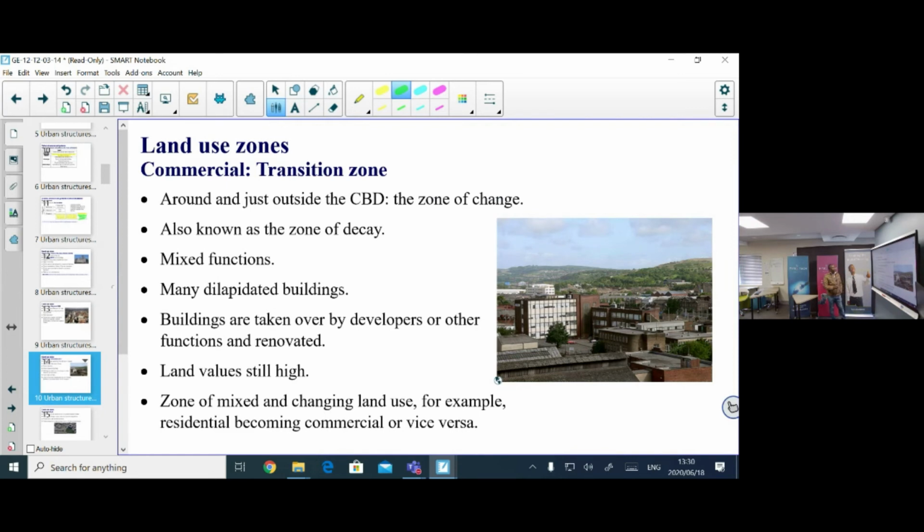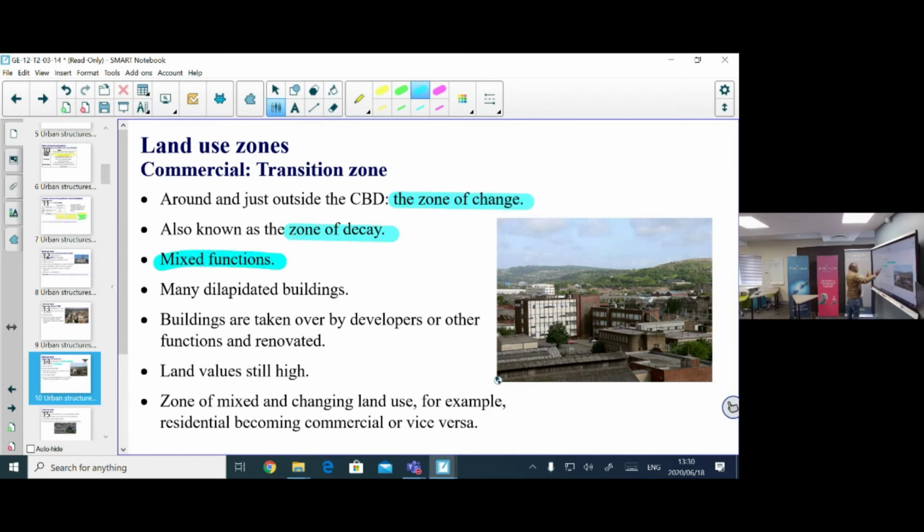Then with land use zones, we want to look at the transition zone. It is around and just outside the CBD, the zone of change, also known as the zone of decay. So you can call it the zone of decay, and you can also call it the zone of change.